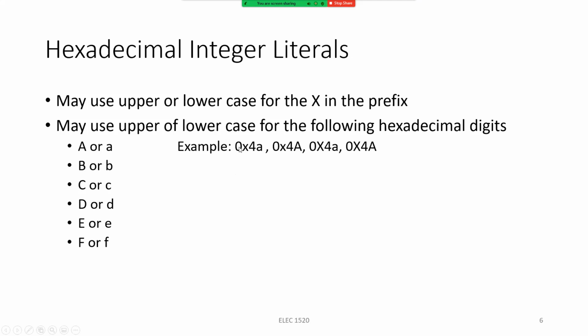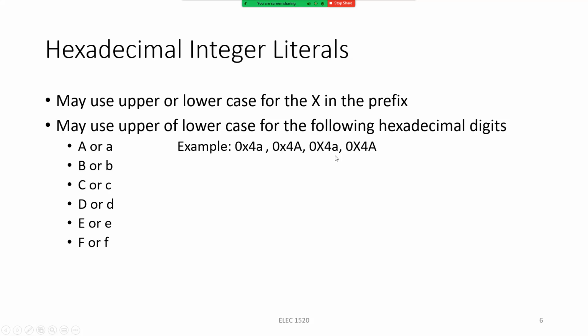Again, we can use the lowercase x or the uppercase X. If we want to write the number 4a, we can write 4 with a lowercase a in hexadecimal, or 4 with an uppercase A, or we can write the form 0 capital X with lowercase a, or 0 capital X with uppercase A. These four different ways all specify the same hexadecimal number.